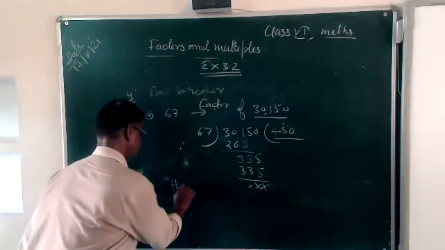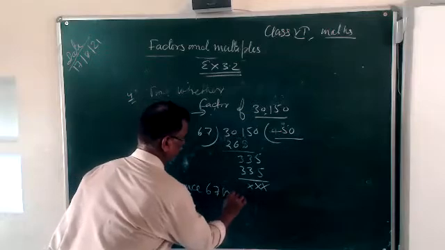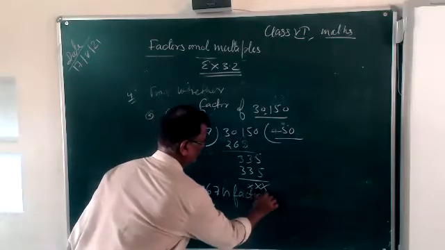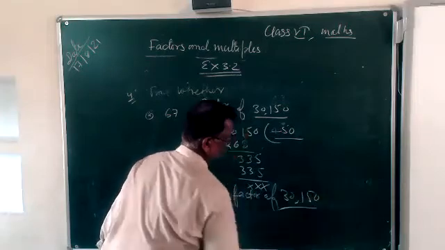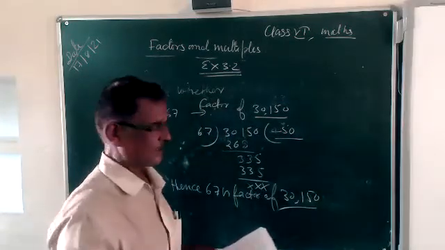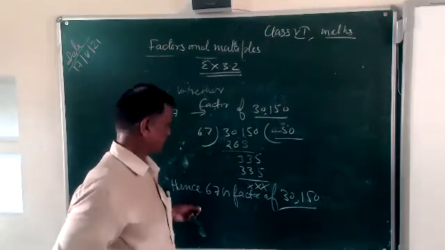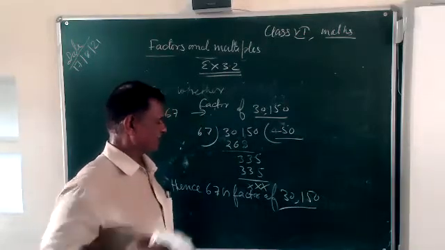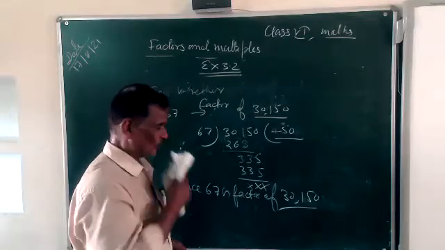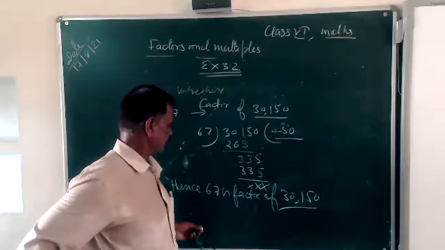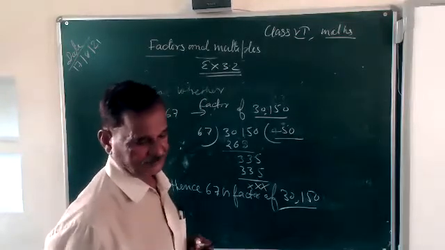Hence 63 is a factor of 30,150. This is the factor. Why factor? Because 63 exactly divides the given number 30,150. So 63 is the factor. If not divide, then that is not a factor.